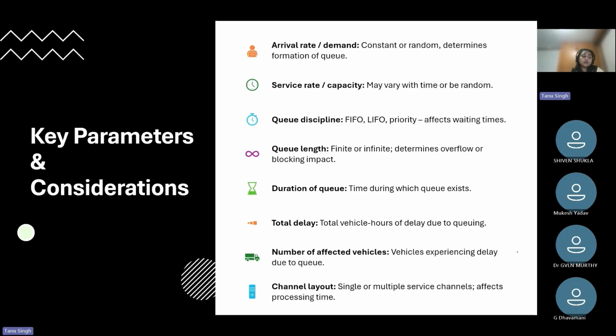Then the queue length could be finite or infinite, which determines the overflow or blocking impact. Then the duration of the queue. Then the total delay in the form of vehicle hours due to queuing. Then the number of vehicles affected due to the queue. Then what is the channel layout? Single or multiple service channels also affect the processing time.